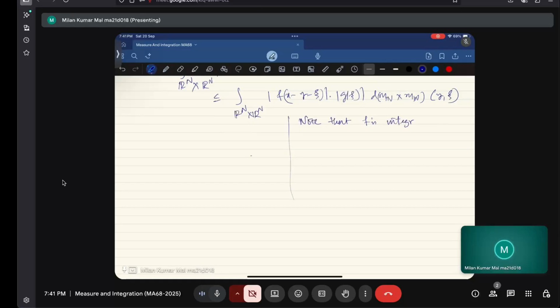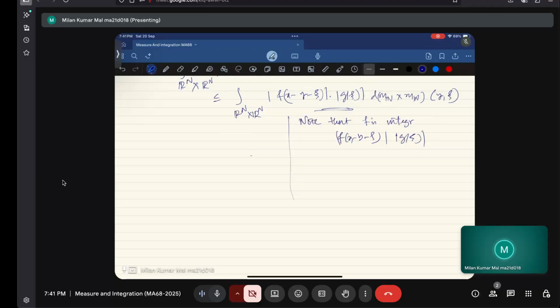So as g is integrable, think of this as a function of y and ξ. For fixed y, if we consider it as a function of ξ, it will be like |f(x − y − ξ)| |g(ξ)|. Right now we have fixed x and y both.